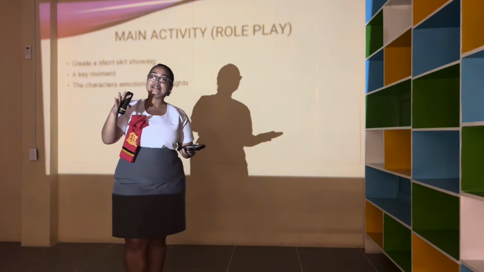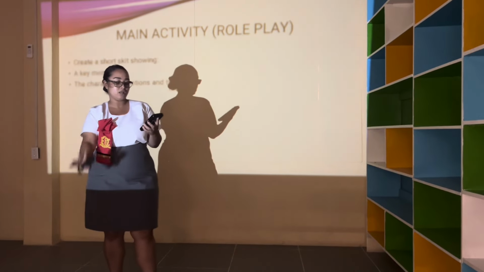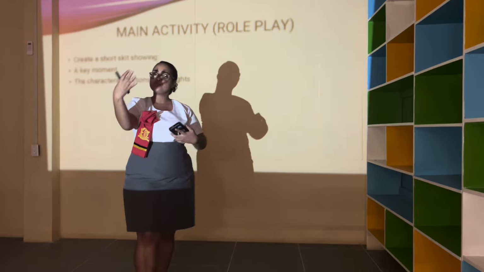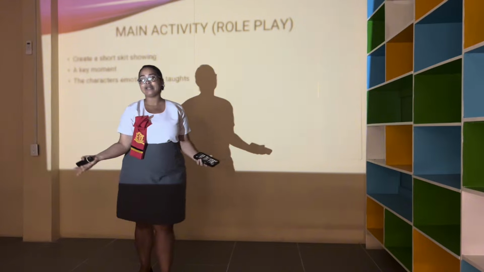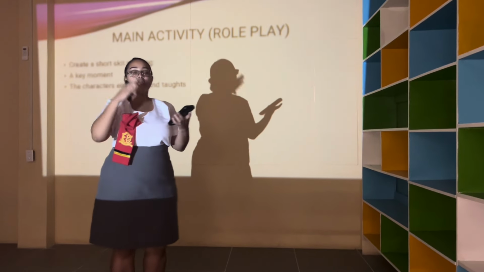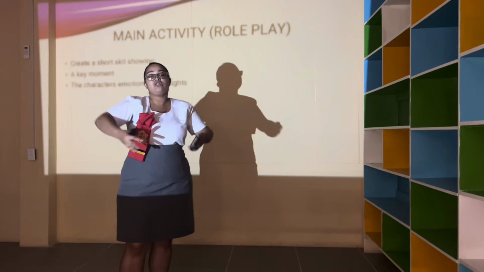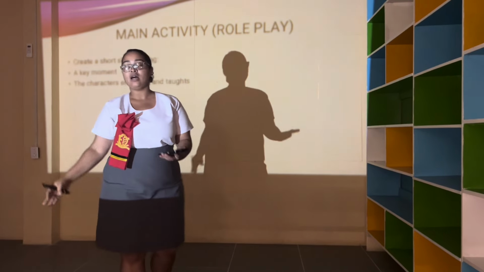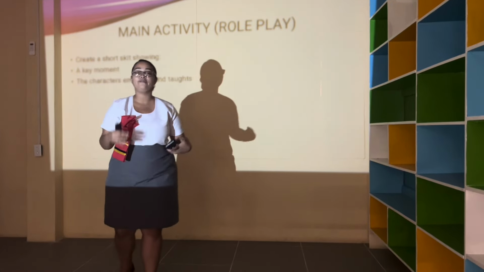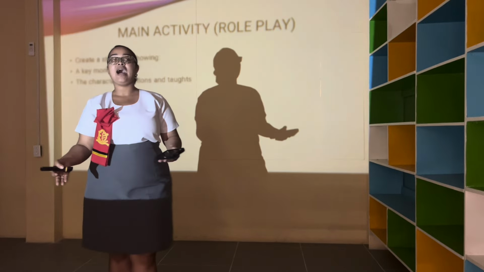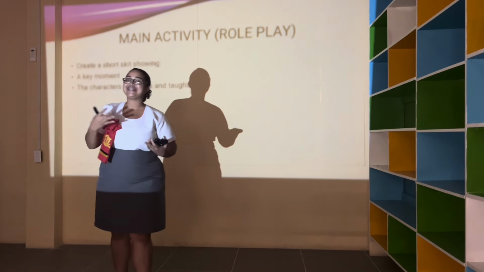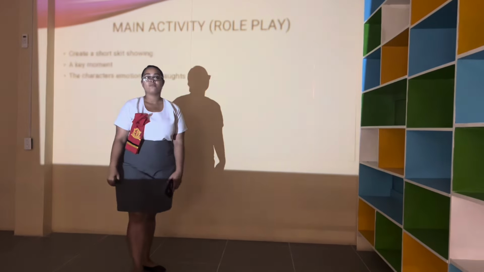In these scenes, we're going to focus on two main points: how the character feels in the moment of the drama, and what decision they're making within the moment. So this will allow you students to feel how the characters are feeling within the moment. And remember, it's drama, so you've got to put your real emotions into the role play.